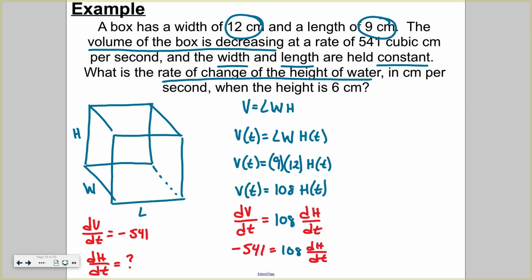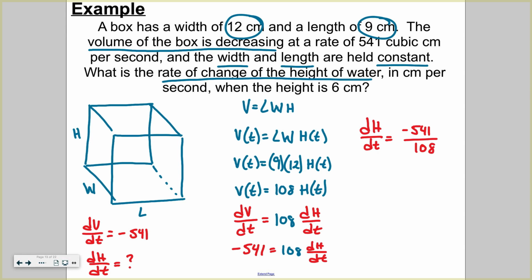So now we're just going to divide both sides by 108, and we're going to get dh over dt is equal to negative 541 over 108, which can simplify down possibly, so negative 541 divided by 108 cannot simplify down, so that is as simplified as possible.